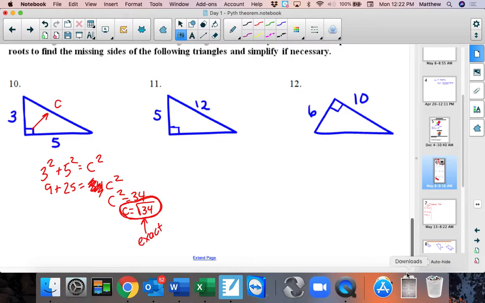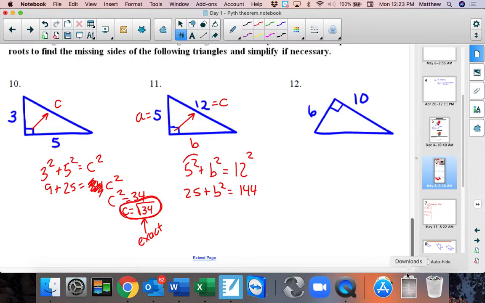Okay, let's try a few more. Again, straight across. This is C. Always do that first, and then it doesn't matter which of the other two legs you do A or B. This is A, and this will be B. So 5 squared, A squared plus B squared, which I don't know, equals C squared, which is 12 squared. 25 plus B squared equals 144.